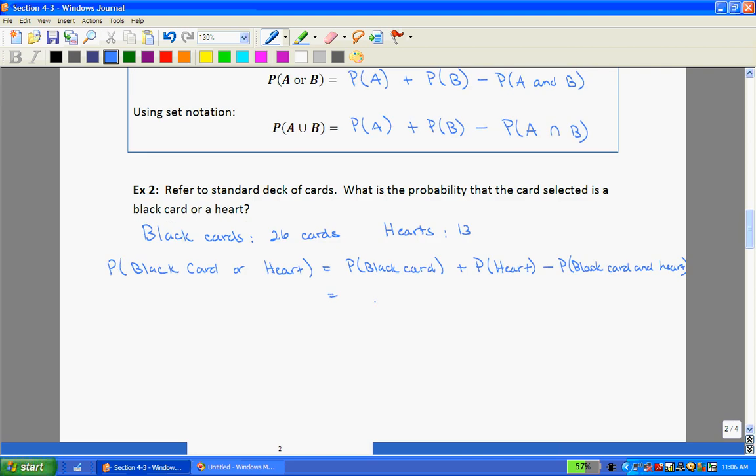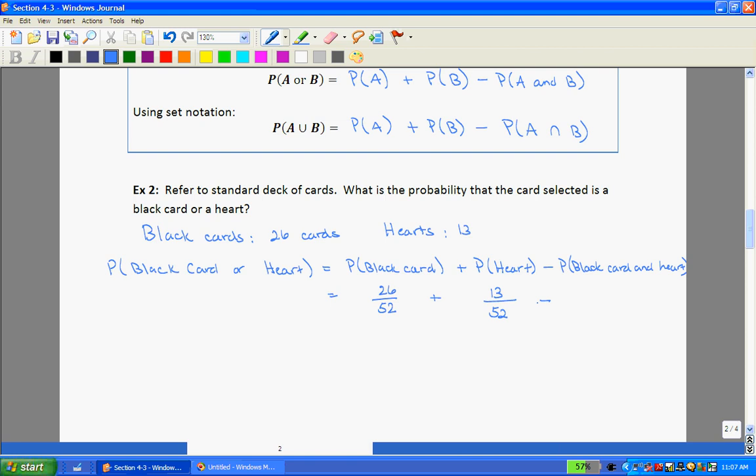Well, in every case, remember the denominator is going to be that 52 because there's 52 possibilities. So if I'm interested in the event of pulling a black card, that's 26 out of 52. The probability of pulling a heart would be the 13 hearts we know are there out of 52 possible.